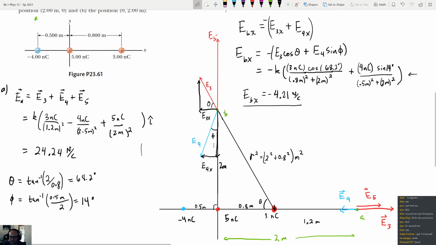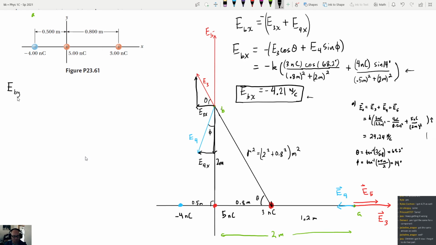I think what we'll do is we'll just use this space over here. And I'll just shift this off somewhere to the right. Here, wait, let me make it smaller before I do that. Okay, so now we want to find the y component. So for y, there's going to be a y component, E_B,y, and it's going to have an E3y in there.